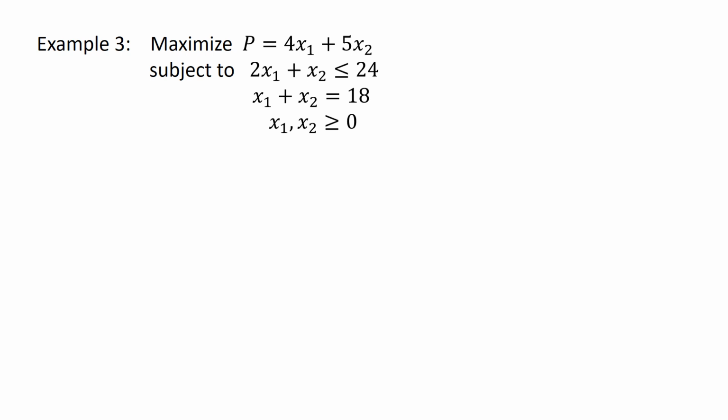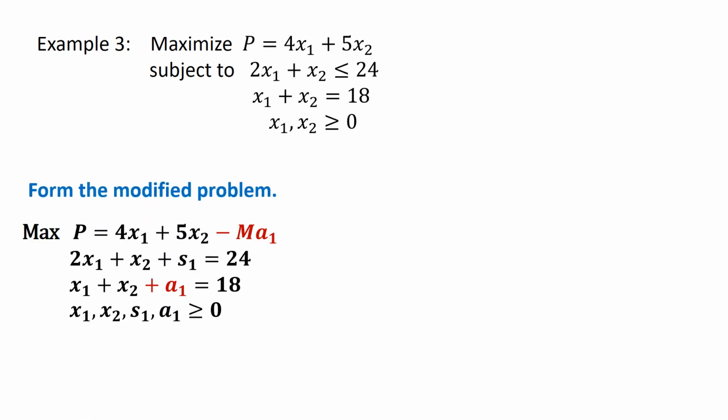So first, let's form the modified problem. To the less than or equal constraint, we're going to add a slack variable. So we have 2x1 plus x2 plus s1 equals 24. The second constraint has an equal sign, so we add an artificial variable to that. So x1 plus x2 plus a1 equals 18.